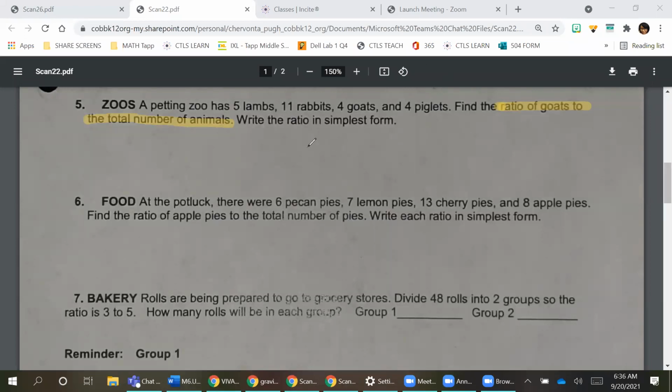So we could choose whichever ratio form we want. So first things first, it says ratio of goats. So how many goats do I have? I have 4. And then total animals. So that means I need to add up all of these animals so that I know how many I have in total. So 5 lambs plus 11 rabbits, that gives me 16 animals, plus 4 goats, that gives me 20 animals, plus 4 piglets, 24 animals.